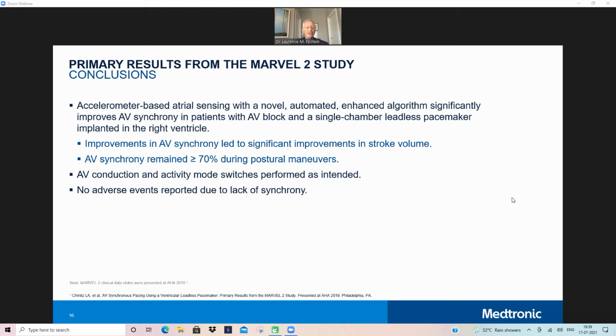The AV conduction and activity mode switch performed as intended, and there were no adverse events. Based on these findings, the FDA approved the next iteration of the Micra AV that we are now implanting in patients.